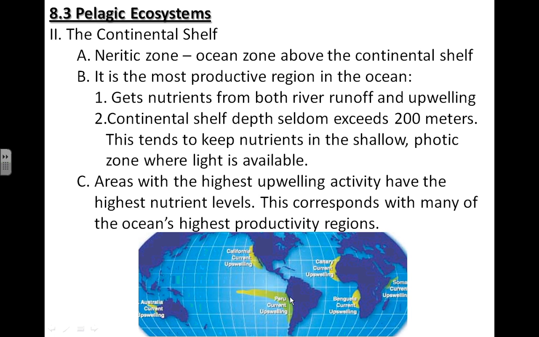There's a lot of upwelling there, and that's one of the biggest fishing areas in the world. So these are all very good fishing areas, especially for commercial fisheries that catch anchovies and sardines and other things like that. So again, the continental shelf is a very productive ecosystem because of upwelling and river runoff.